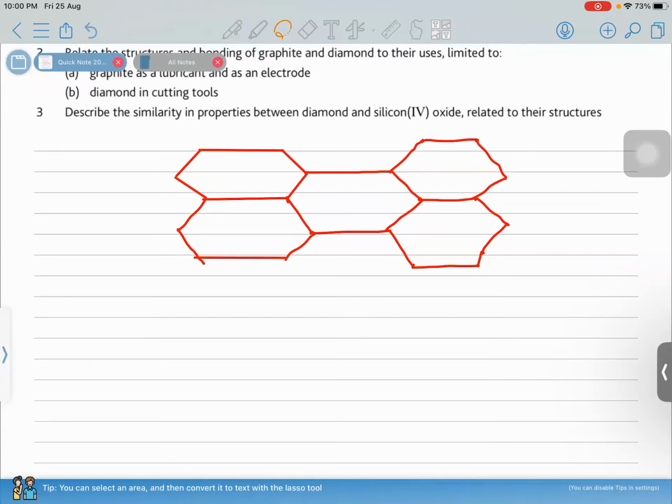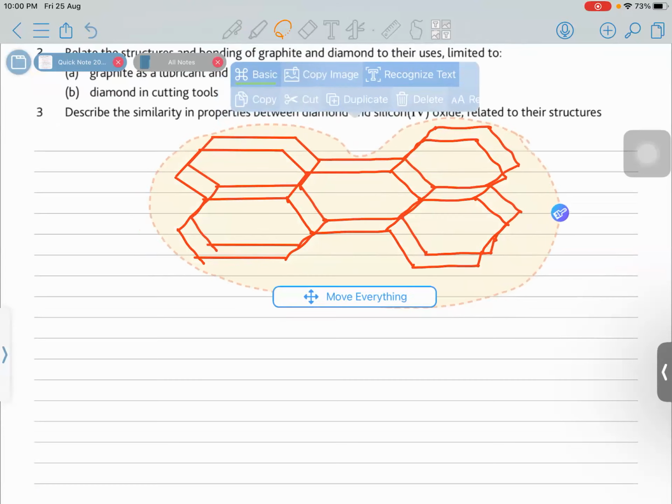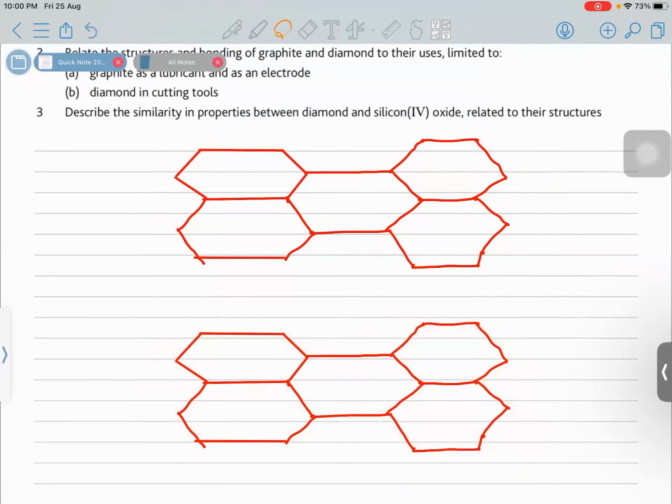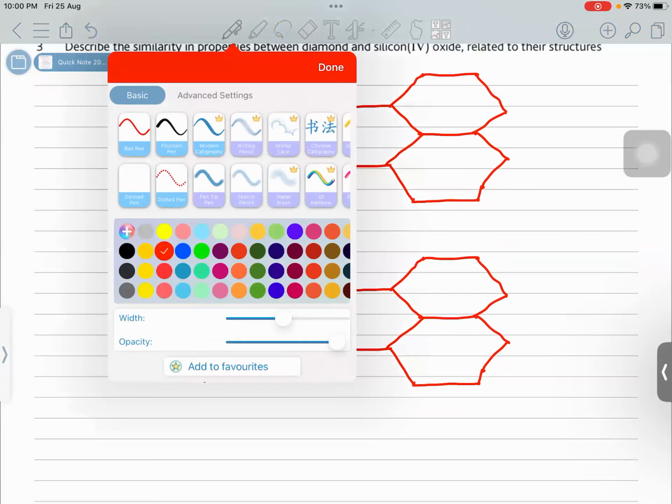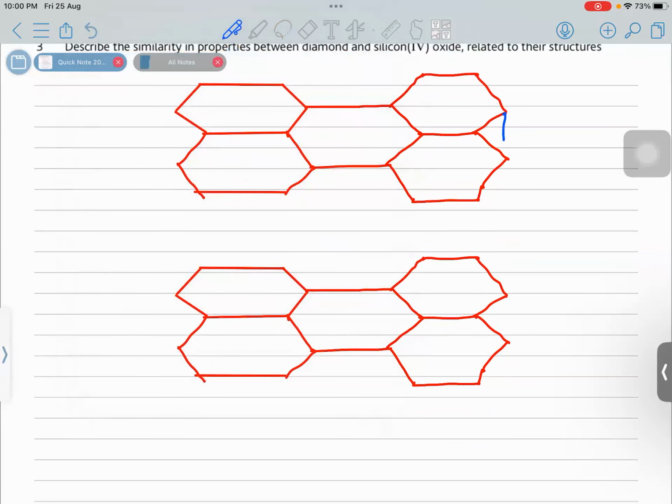Now I'm drawing graphite, right? Now join this part with this part, and this one with this one. Are you getting my point or not? Yes, sir. So they're like hexagon. Yes, exactly. We have different hexagons, or you can simply make this bonding.